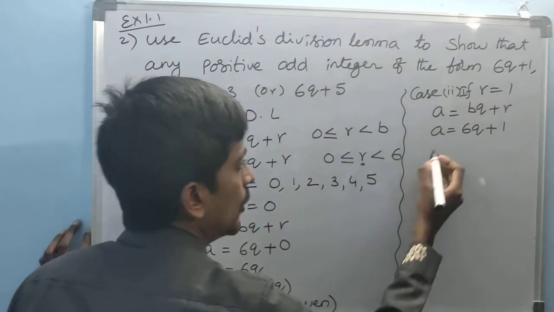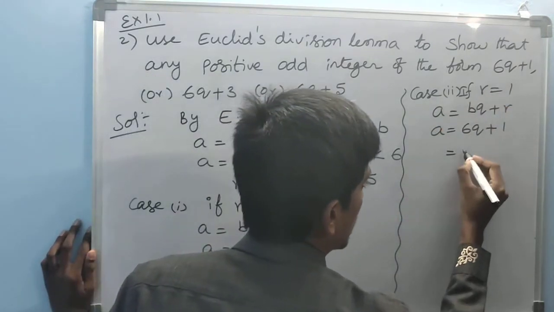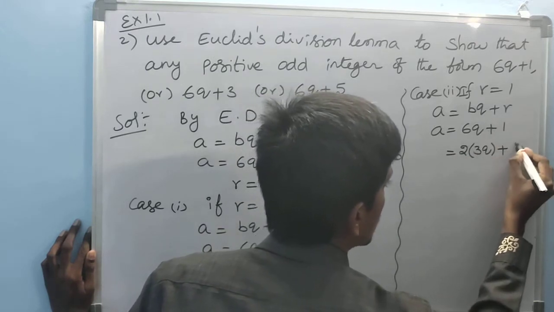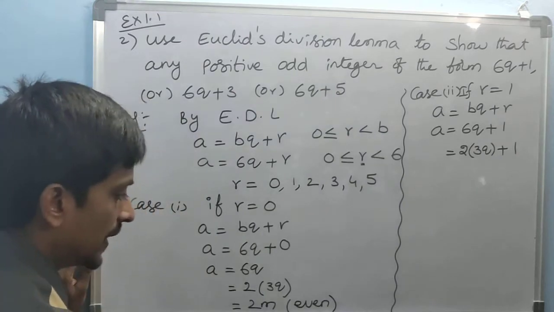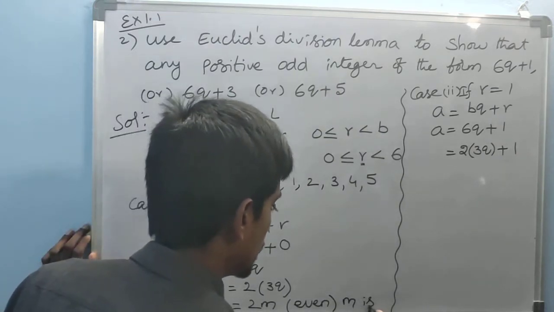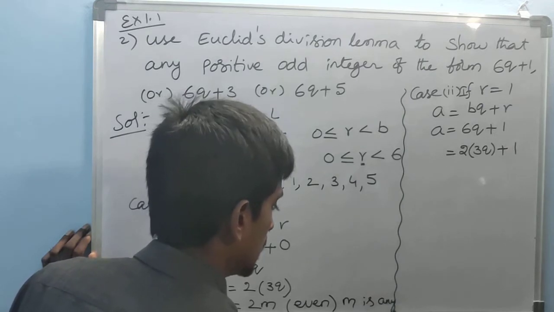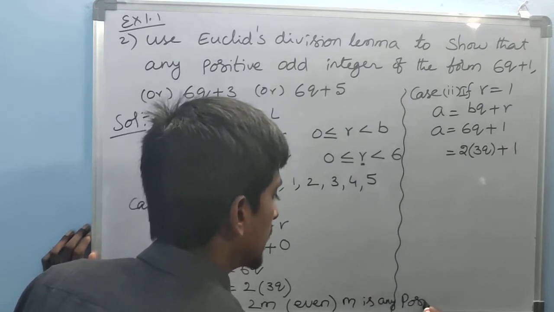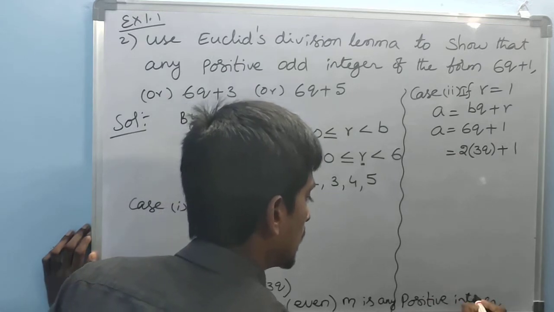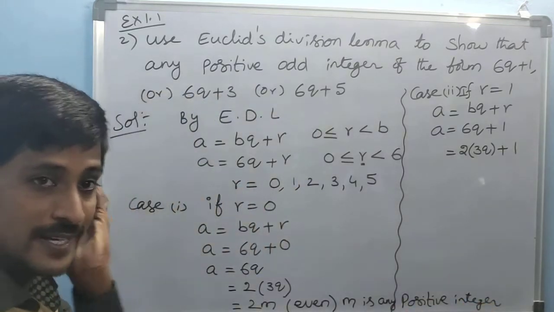Okay, so this can be written as 2 into 3q plus 1. So here m is any positive integer.